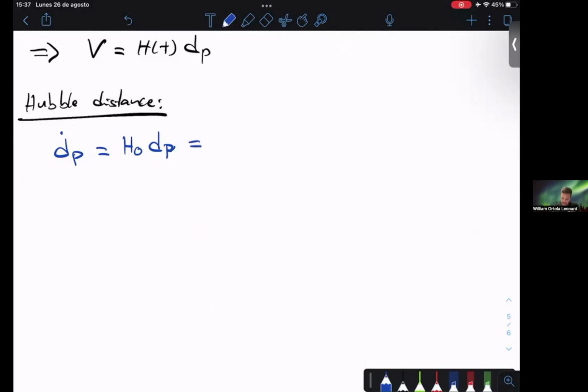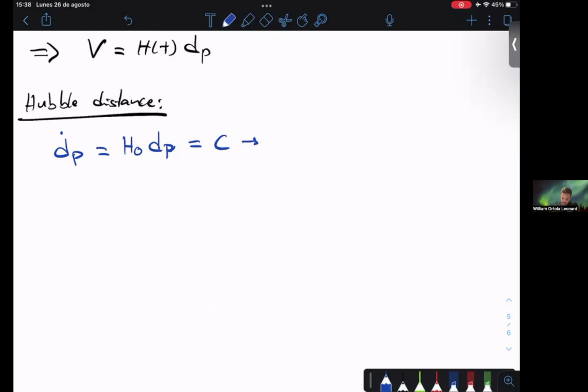So this means that we can say that this H naught times d_p has to be equal to the speed of light, which is going to be c. And then we can now find what exactly this specific Hubble distance is going to be.